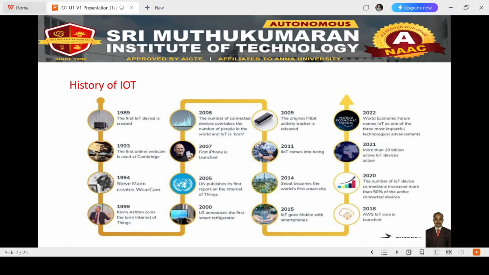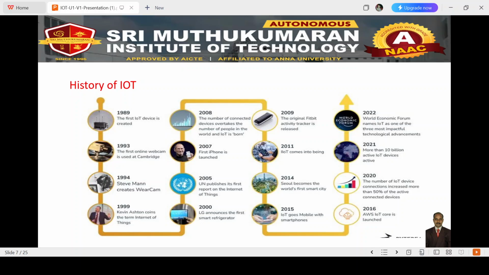To start with, let's go through how IoT has evolved, right from 1989, when the first IoT device was created. Then in 1993, the first online webcam was used at Cambridge University. Then in 1994, Steve Mann created a VR cam.